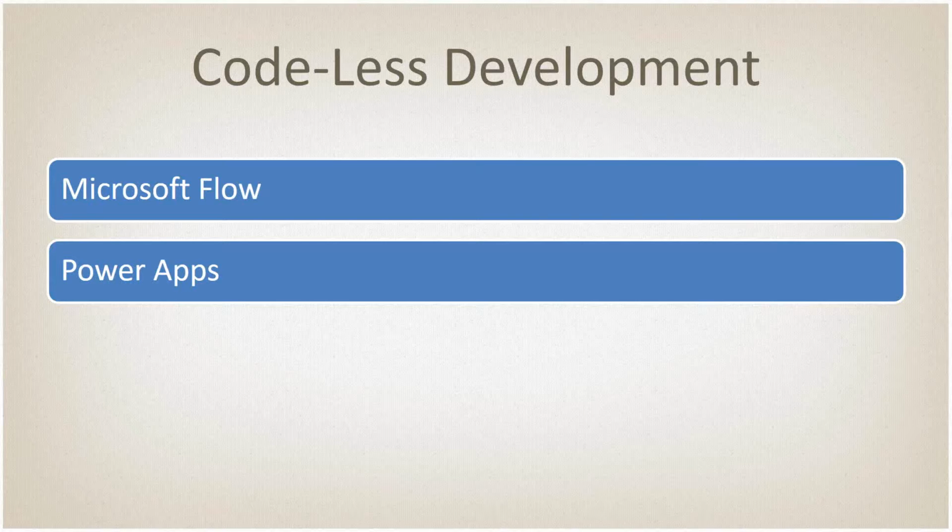Power Apps is close to the same way. It allows you to create mobile apps without knowing how to create a mobile app. And let me tell you, creating mobile apps is a pain in the butt, and a lot of other parts too. So the main idea here is it allows you to design a full interface from menu to view of data to record of data, and add other functionality that's platform specific, such as the camera and other pieces of things like that, all without writing code.